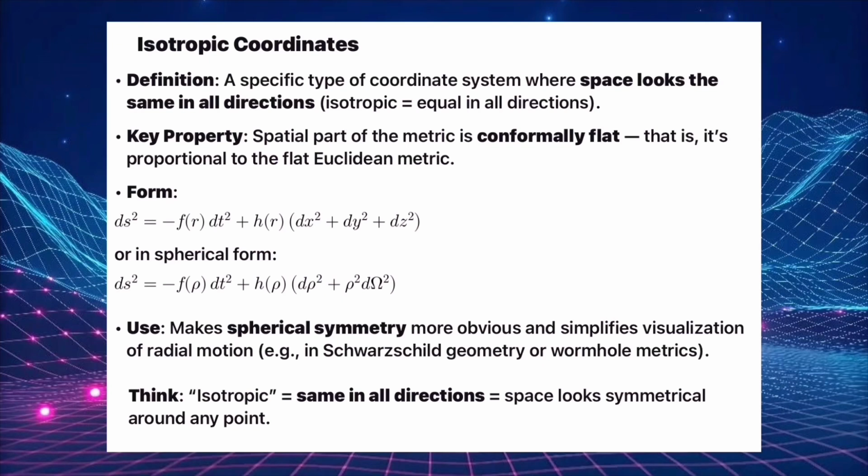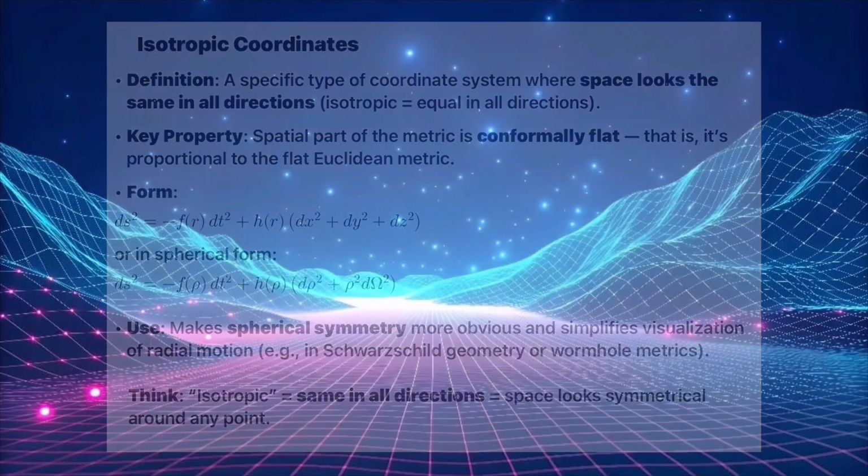The key property is that the spatial part of the metric is conformally flat, that is, proportional to the flat Euclidean metric. We see the forms here, or in spherical form there. Using the spherical geometry makes it more obvious and simplifies the visualization of the radial motion, for instance for the Schwarzschild geometry or wormhole metrics. Think isotropic: the same in all directions, looks the same symmetrically around any point.